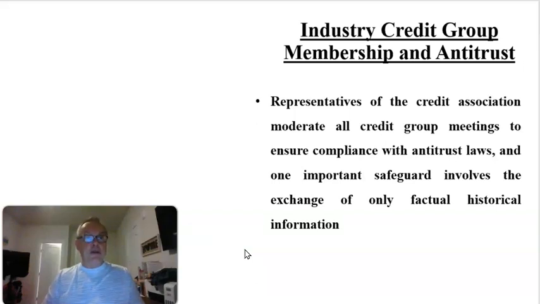If you've ever been to an industry credit group and the representative of the credit association has intervened, almost invariably that intervention is when the representative feels that the discussion is going in a direction that is potentially problematic or potentially unlawful.